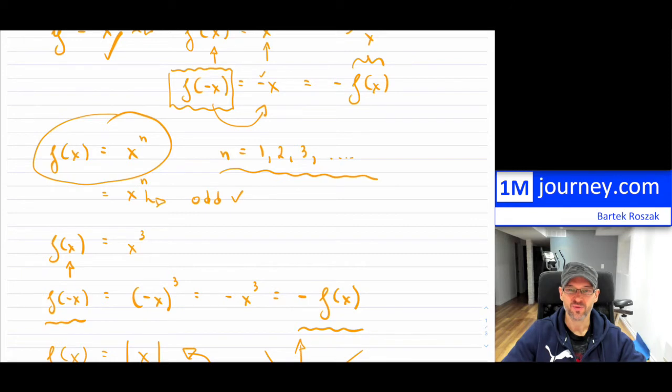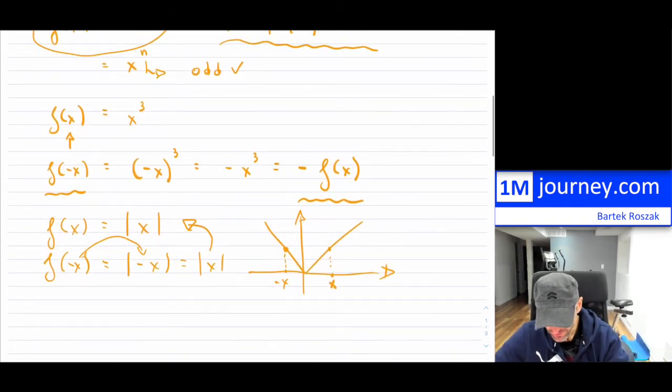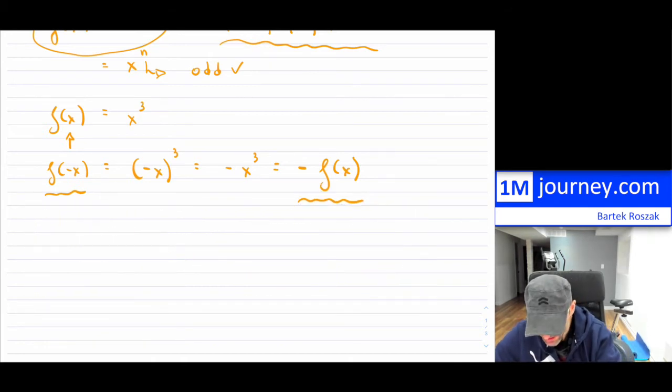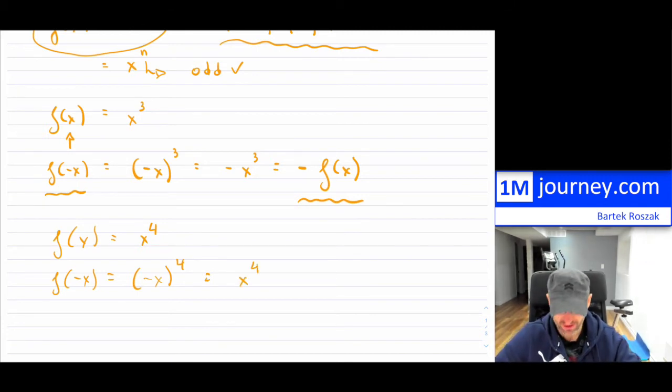So let me remove this and put f of x is equal to x to the 4. Now, if I substitute f at negative x into this, because the exponent 4 is even, all we're going to have is x to the 4, which is equal to f at x.